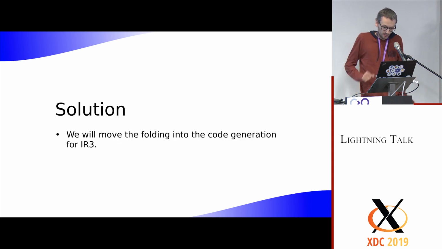The simple solution is to make the folding IR3 specific and do it as part of the code generation. The piece that generates the IR3 opcodes can peek through the NIR and see if it encounters a conversion. If that came from an ALU operation, it just generates the ALU operation with the conversion directly instead of outputting the conversion.